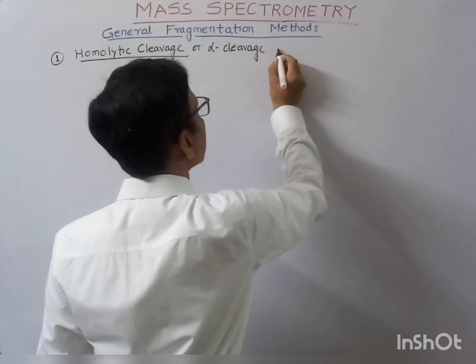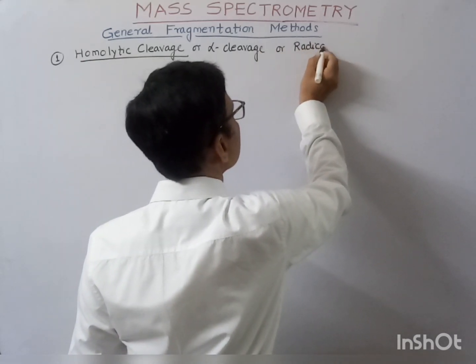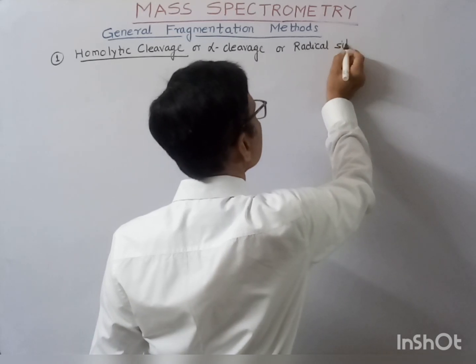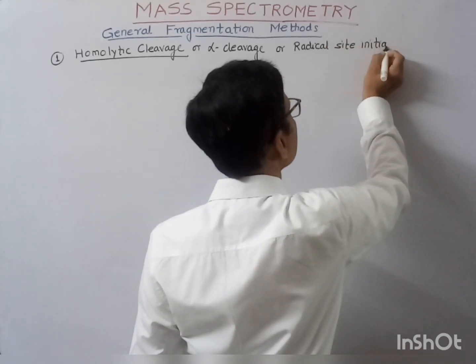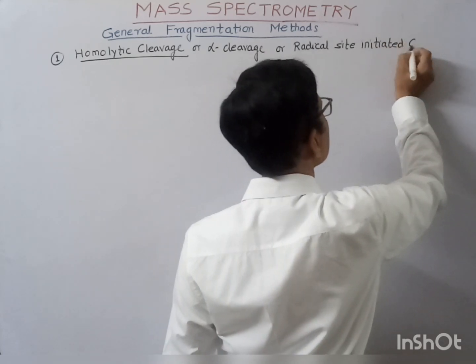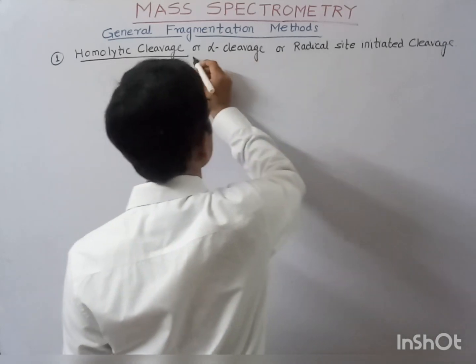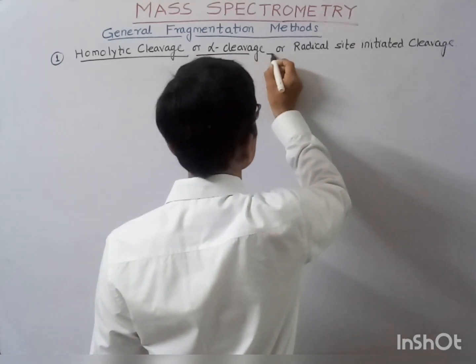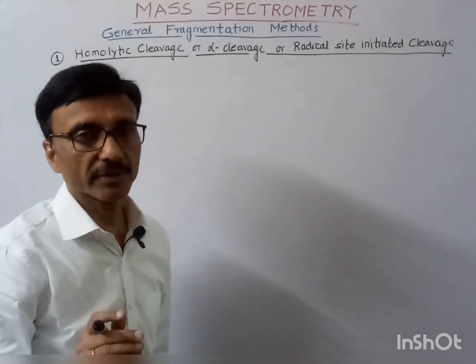It is also called the radical site initiated cleavage. So these are the different names of this homolytic cleavage: alpha cleavage or radical site initiated cleavage.